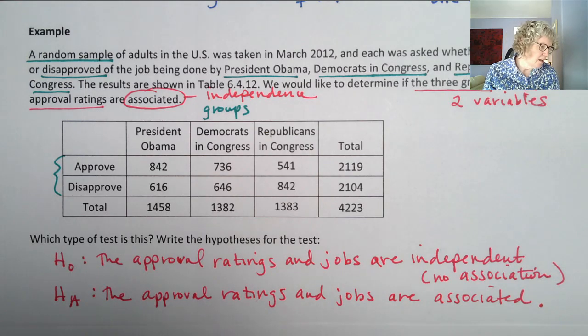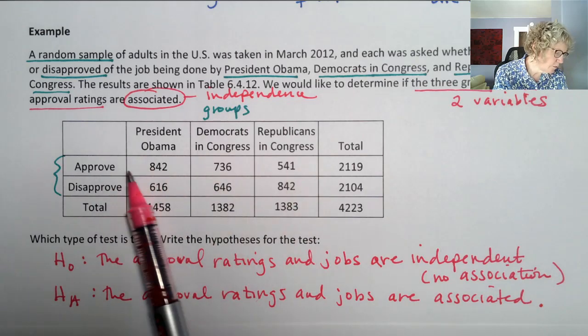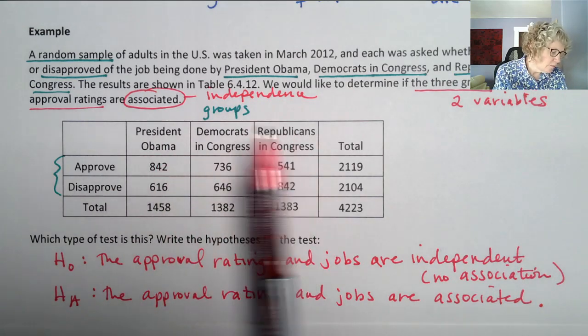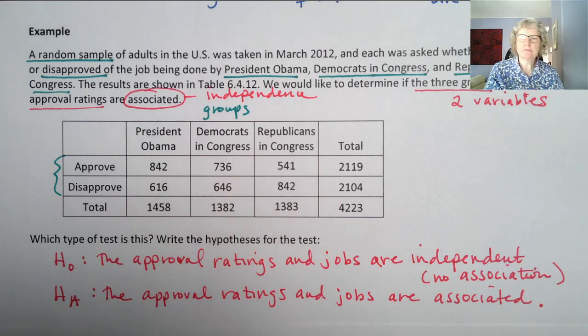That's why the null is always the same distribution, or independent, or no association. Because if they're independent, we would expect the approval and disapproval to be the same for each job, right? If they're not the same, then they're dependent. So different is dependent. You might remember that from comparing probabilities in a previous independence test. Okay, so hope that's making sense, and we're going to go over to StatKey now.